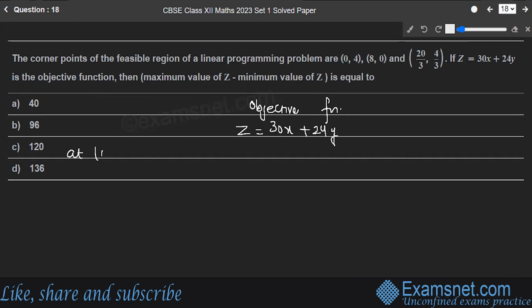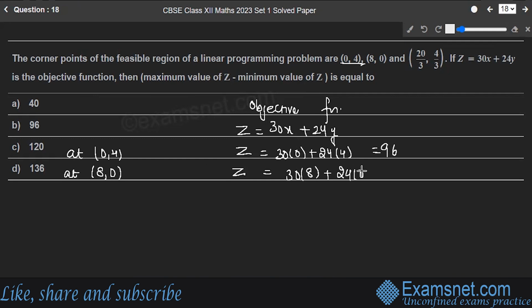Now at the point (0, 4), which is the first one, you have z = 30 into 0 plus 24 into 4, that is 96. At the point (8, 0), you have z = 30 into 8 plus 24 into 0, that is 240.